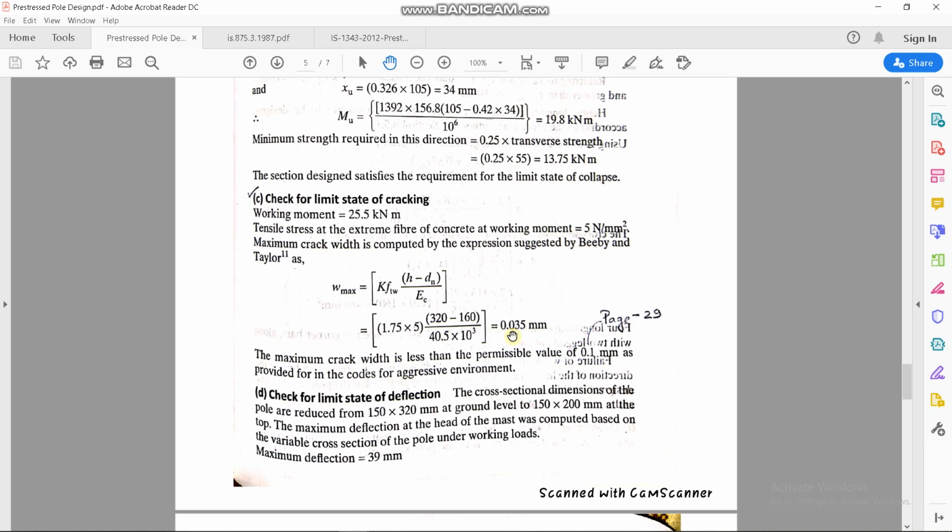According to different codes, the permissible value of 0.1 millimeter is the maximum crack width that can appear in case of aggressive environment. So in this case, our crack width is coming out to be 0.035 millimeter, which is less than the recommended value.